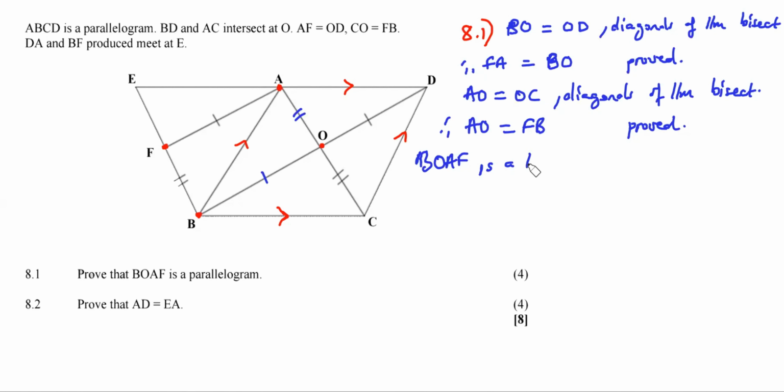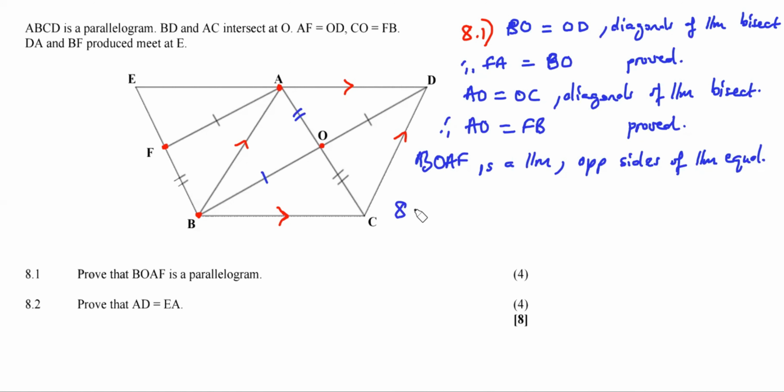Let me just use the shortcut here. It's a parallelogram. Why are we saying that it's a parallelogram? Because opposite sides of a parallelogram are equal. So we have proved that opposite sides are equal. Then we can now safely say this is a parallelogram.